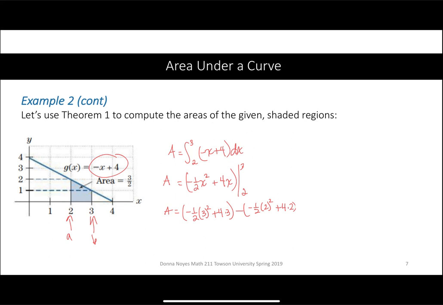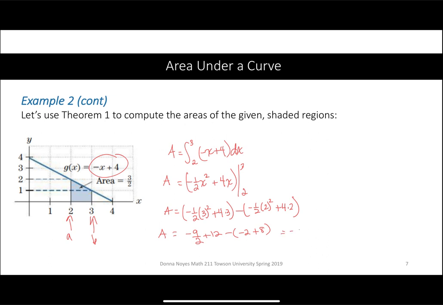So if we start simplifying this, we get negative 9/2 plus 12. 4 divided by 2 is just 2, so minus this is negative 2 plus 8.